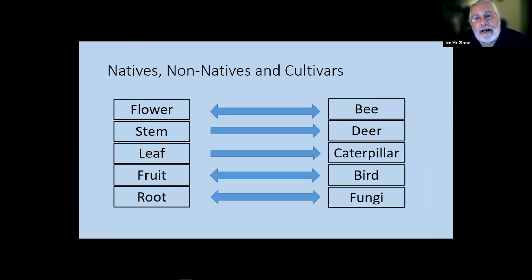And as I was thinking about that, I realized that instead of thinking of plants as monolithic things, we need to think about them as systems of tissues, just the way human beings are a system of tissues, hearts and lungs and livers and all of that. Well, plants are the same way. So they have flowers and stems and leaves and fruit and roots, and these all interact with other parts of the ecosystem and other organisms in the ecosystem in different ways.